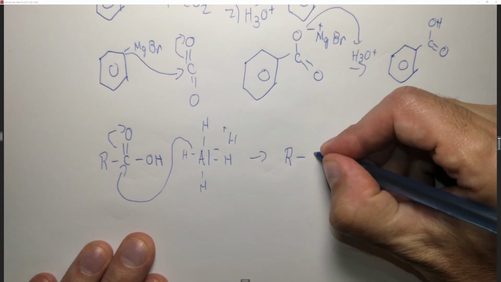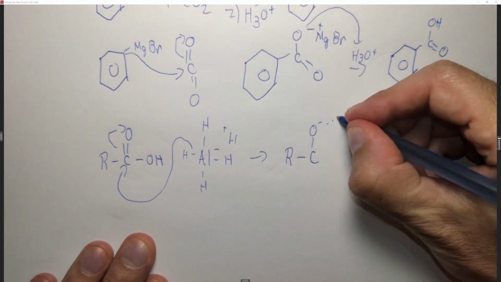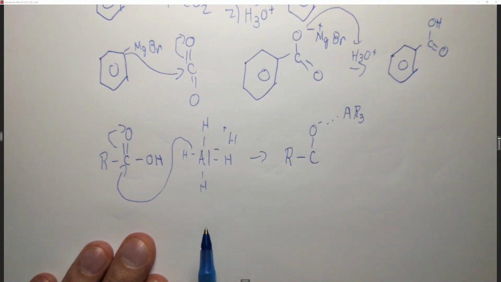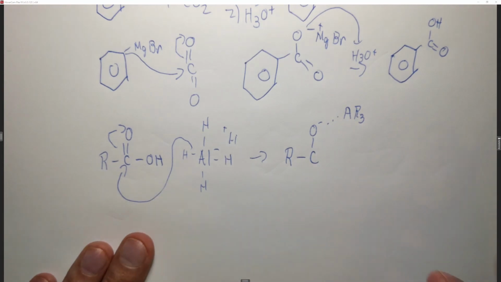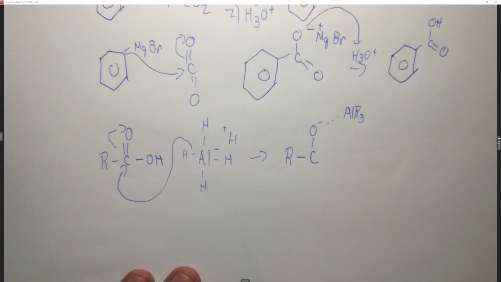So we get R bond C bond O, now with a minus charge, somehow coordinated to an aluminum R3. All right, the first time through, it might be 3 H's, but then the second time through, you may have some byproducts here, like aluminum hydroxides. Again, not super important. We're just going to call it AlR3, stabilizing this negative charge.